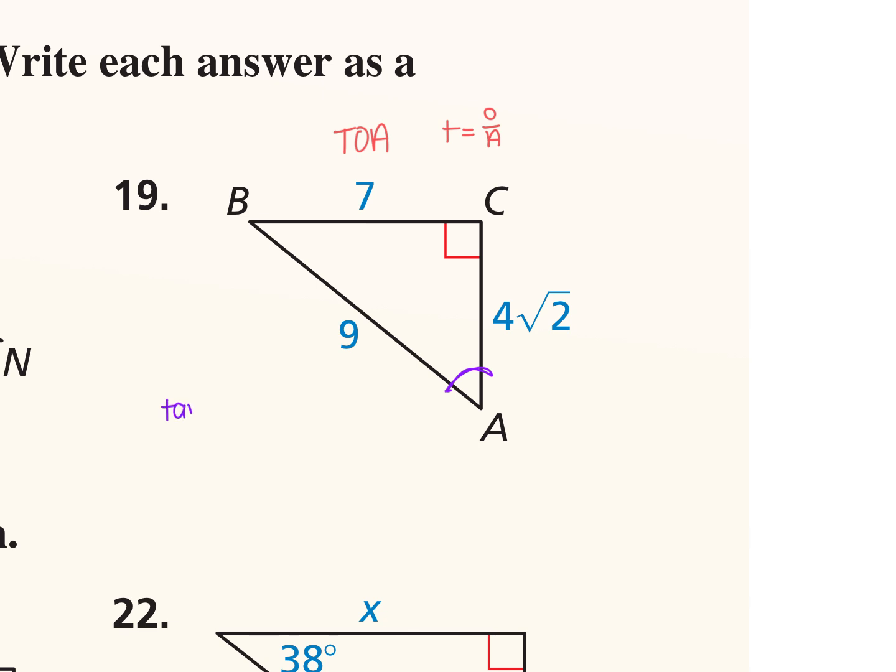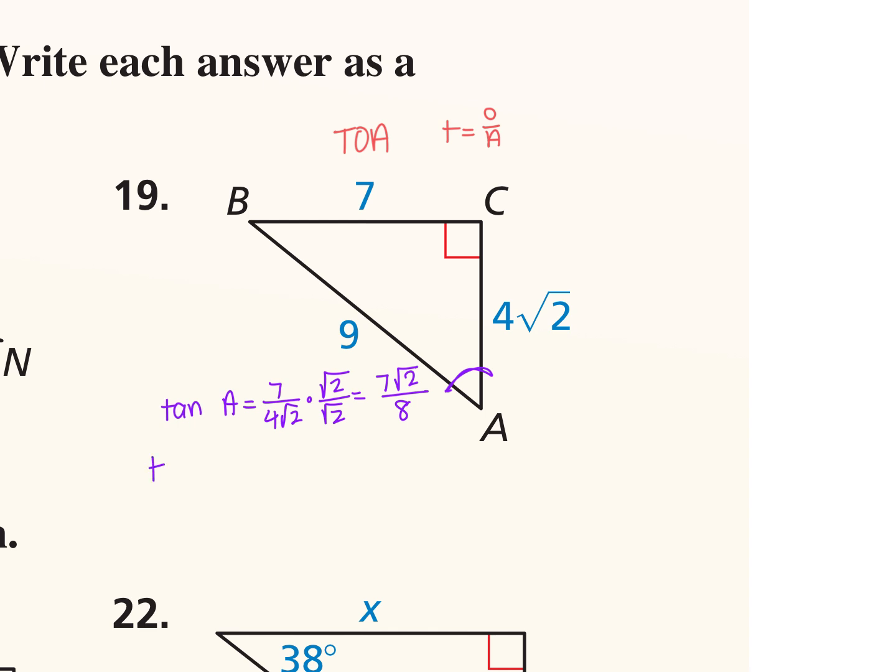So I have tan A equals opposite over adjacent for radical 2. I cannot have a radical as my denominator. So I need to multiply by radical 2 to get rid of it. I'm going to end up getting 7 times the square root of 2 over 8, because it's 4 times 2.